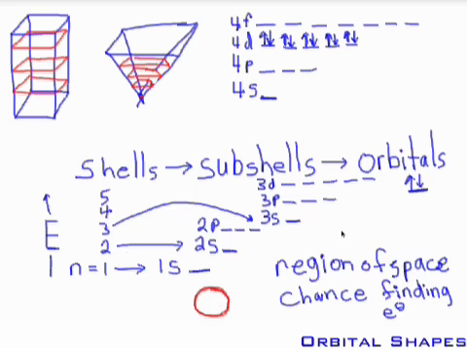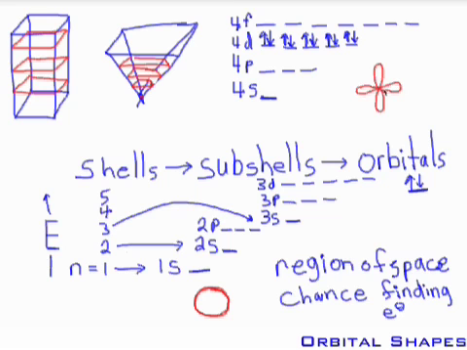The p orbitals are dumbbell shaped or figure 8 shaped. You say there's 3 of them. How do they differ? Well, they differ in the location of space. This one's drawn along the y-axis. Another one would be drawn along the x-axis.